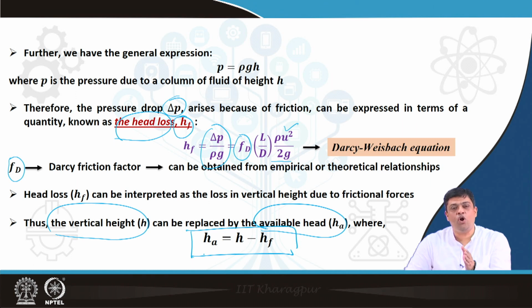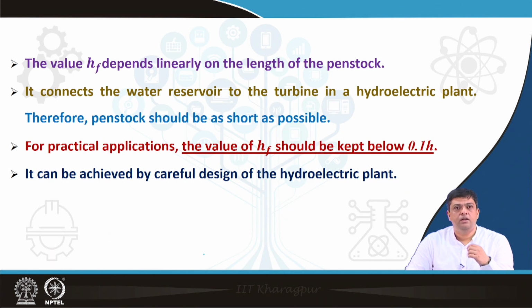Ideally, you want HA to be equal to H, but that is not possible, and for practical applications the value of HF should be kept below 0.1 H, and this can be obtained by careful design of hydroelectric plants.